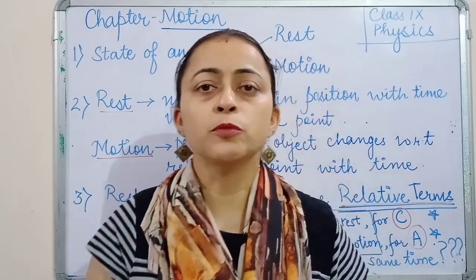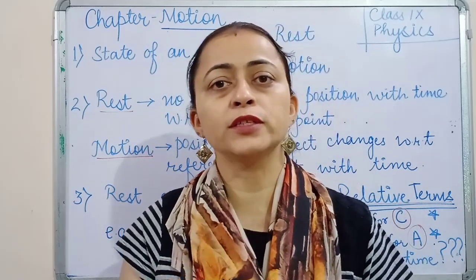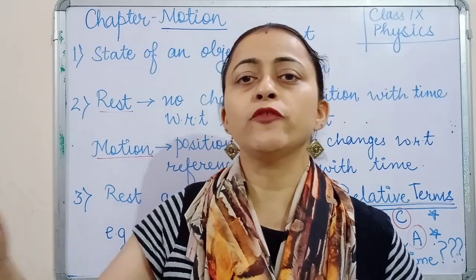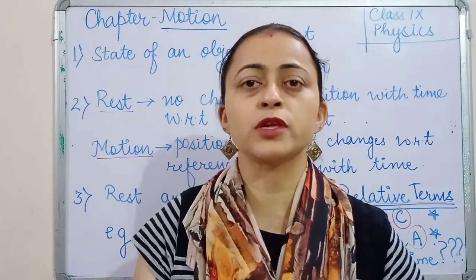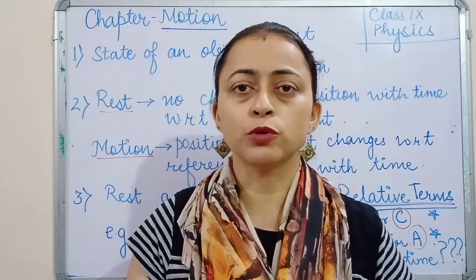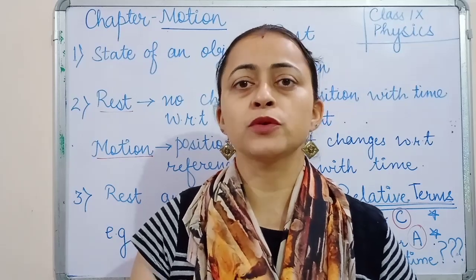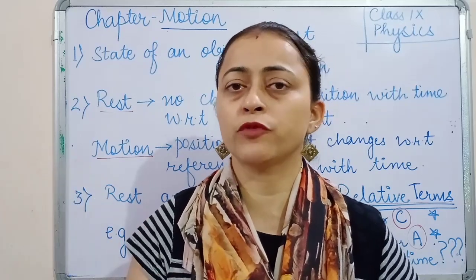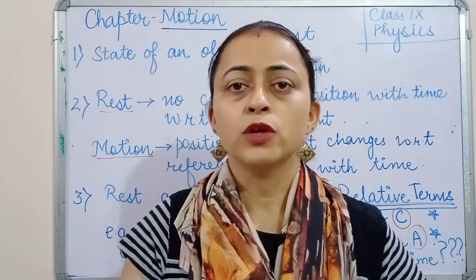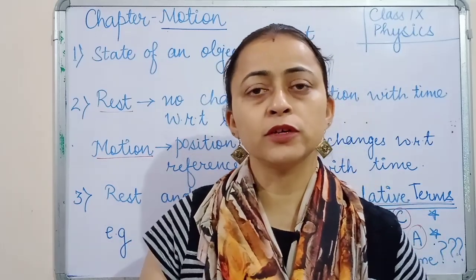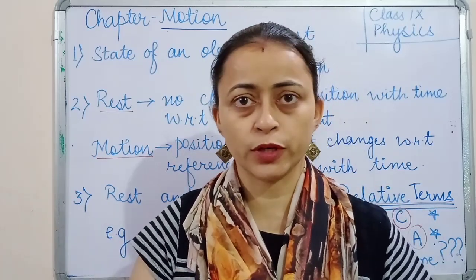For this, you can make it more clear. Suppose you are standing on a road 5 meters or 2 meters away from some tree. You are standing on the roadside at one place where you are 2 meters away from one particular tree. So, you are at rest for that tree as a reference point.